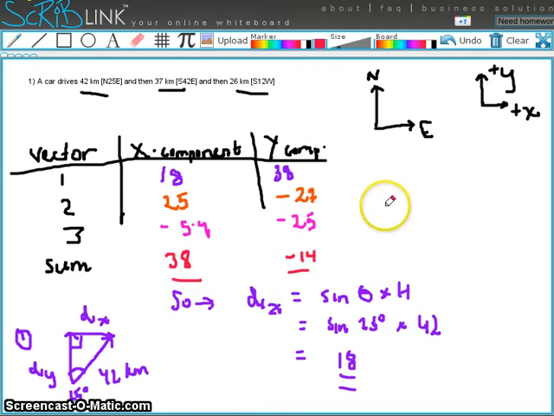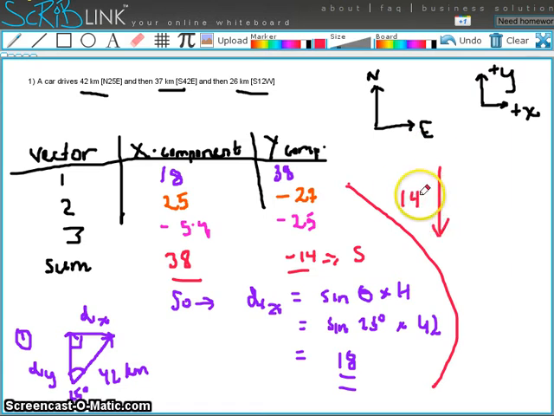We actually make another vector component. This means it's going 14 in the south direction, and 38 going to the east direction because it's a positive number. Obviously this is not to scale, so don't worry about that.